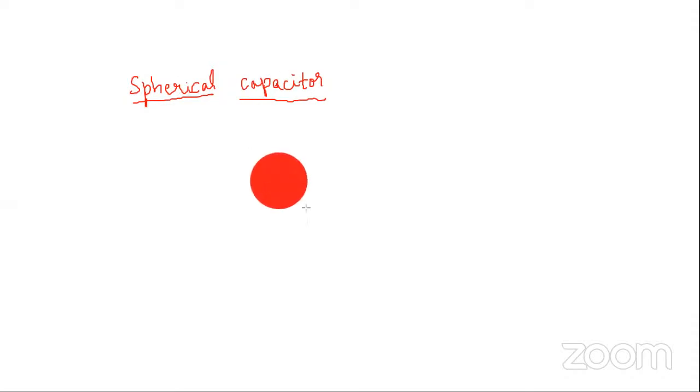What is a spherical capacitor? It is two concentric spheres. We'll be having two concentric spheres of inner radius a and outer radius b. Let me draw that spherical capacitor here. The outer sphere I will be drawing like this.